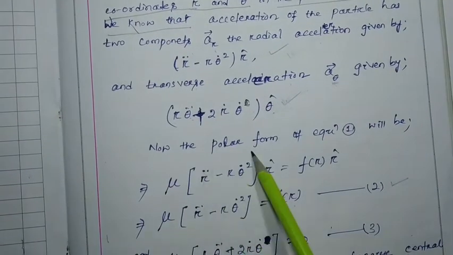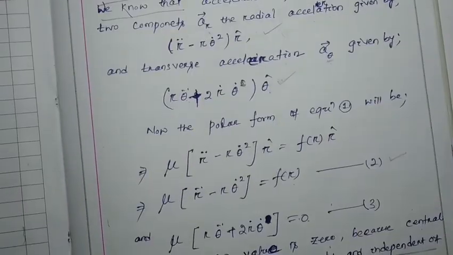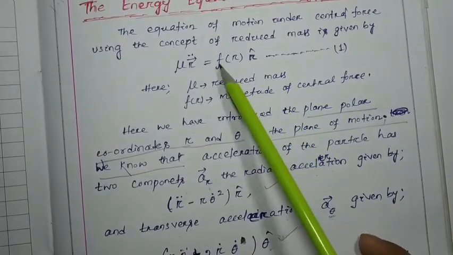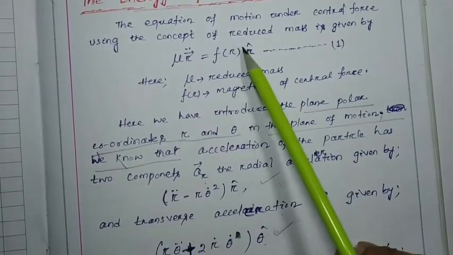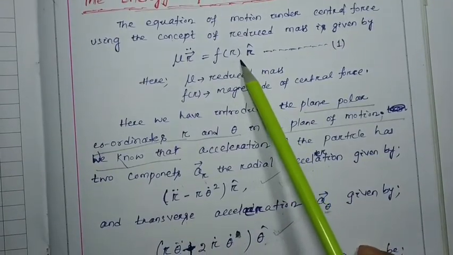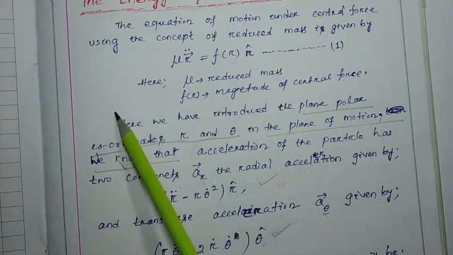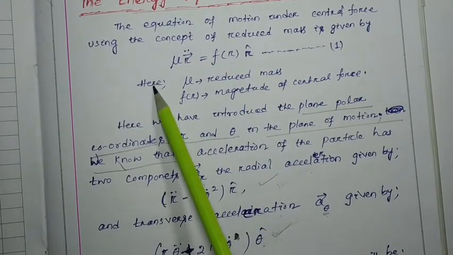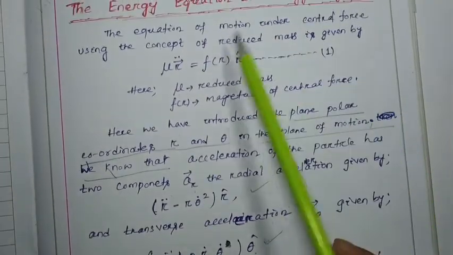Now the polar form of equation number 1 will be how much? See here, the acceleration may have two components, but the force has only one component, right? This force has only a radial component. So we equate the radial component of acceleration with the radial component of force, and the transverse component of acceleration with the transverse component of force. The transverse component of force is 0.